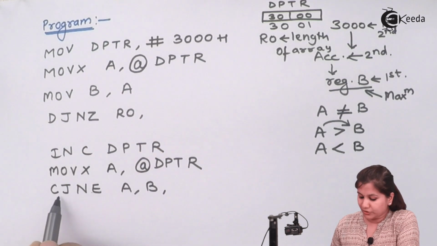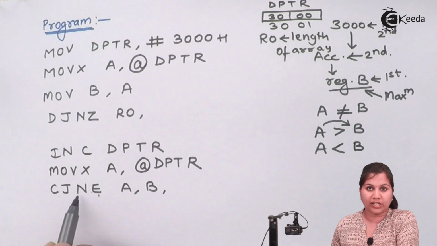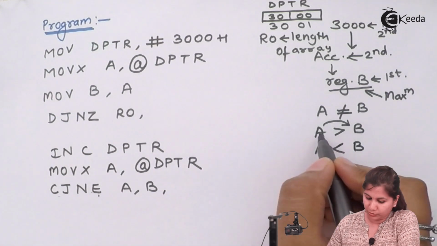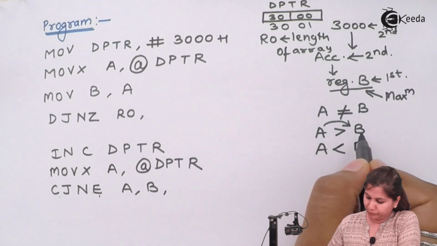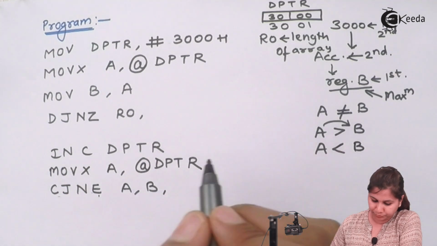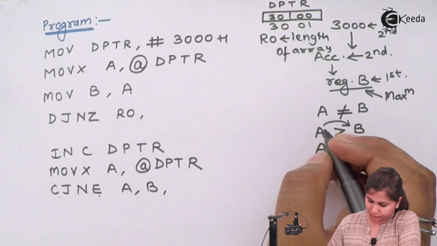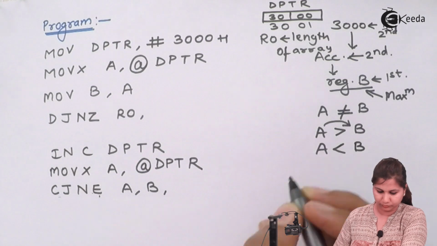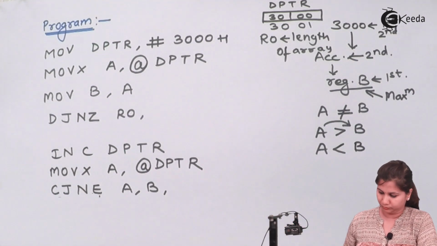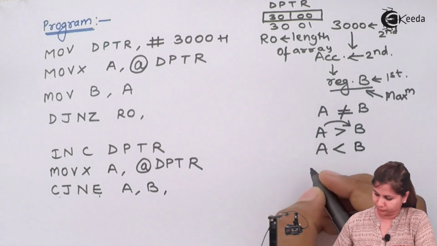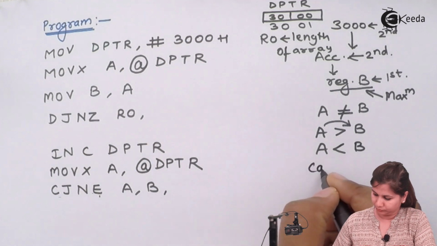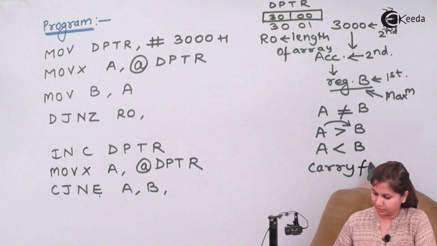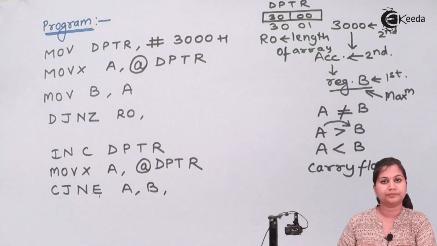Also, when this CJNE instruction is executed and we have found out that A is greater than B, there are changes in the carry flag.